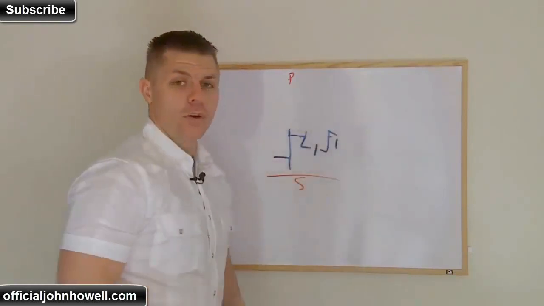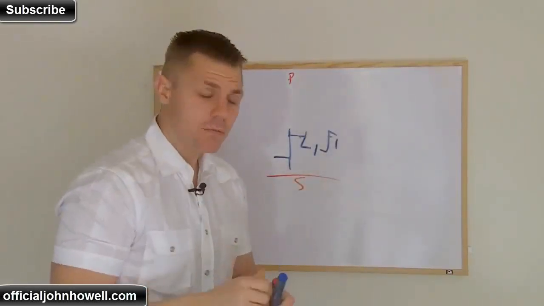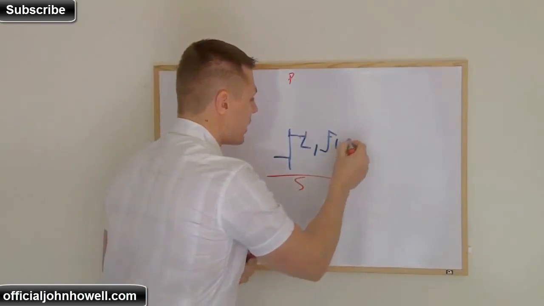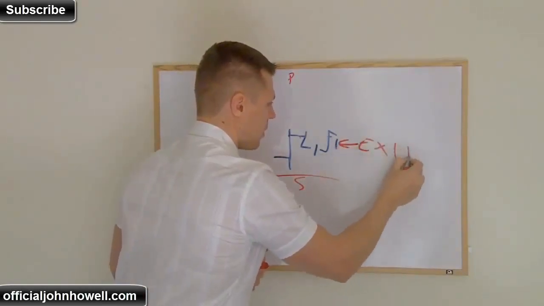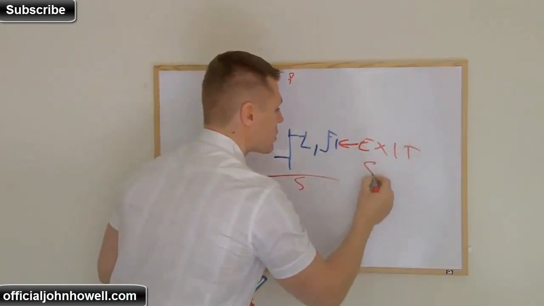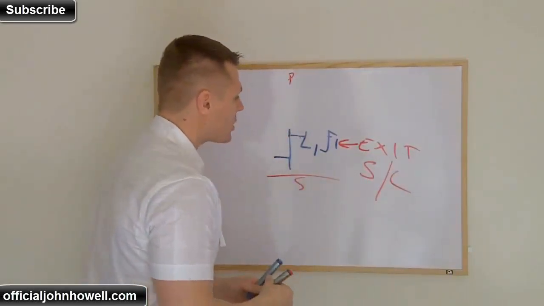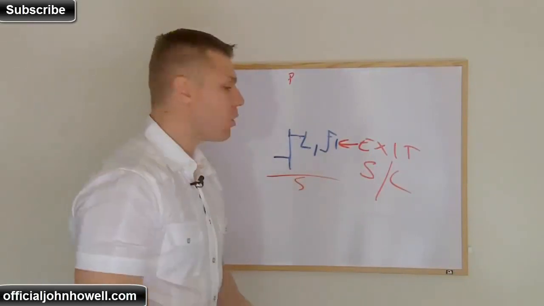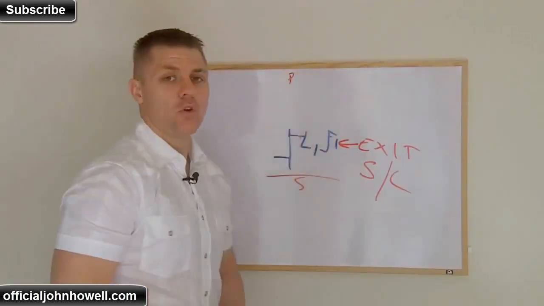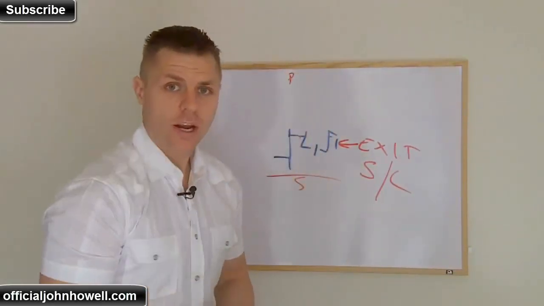After 2 or 3 or 4 days of this, guess what I'm doing? I am exiting here, for a small loss, which is keeping my losses small because the market didn't do what I wanted it to do straight away.